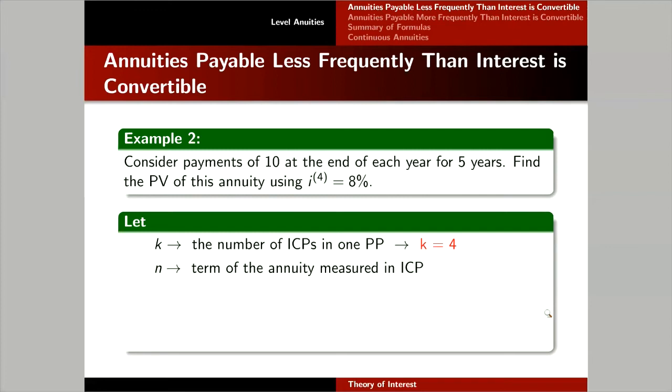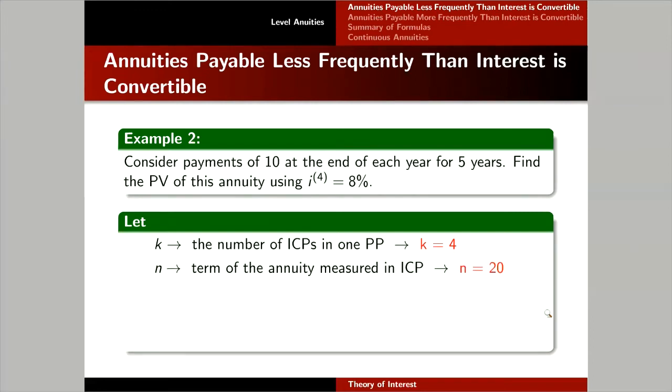In terms of quarters. So, how many quarters are there in 5 years? Kasi hanggang 5 taon lamang ang annuity natin. We know that there are 20 quarters in 5 years. So, N is equal to 20.